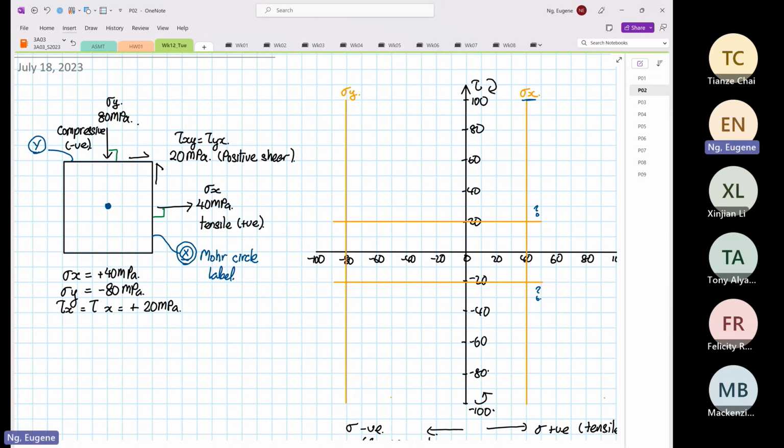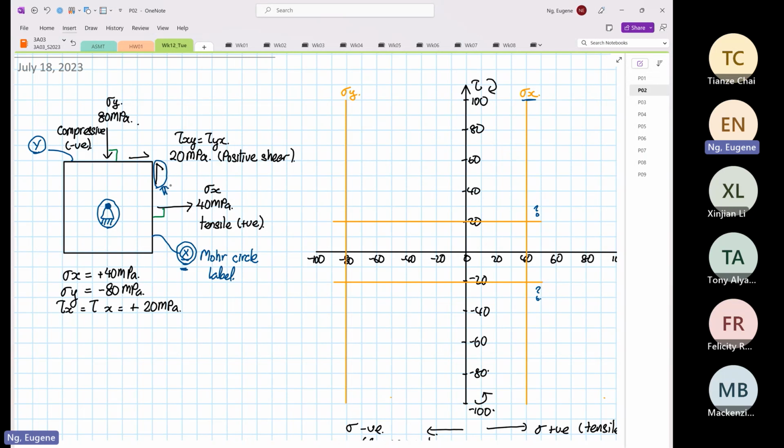The only way to find this out is to put a pin at the center of the square. We are going to focus on the shear stress over here, because we are focusing on point X. So you put your finger at the center, and you see how this will react.